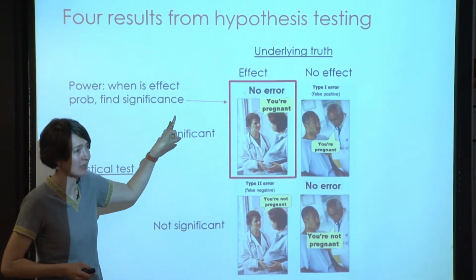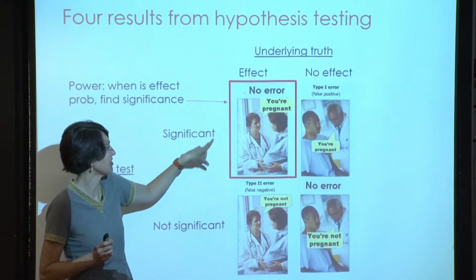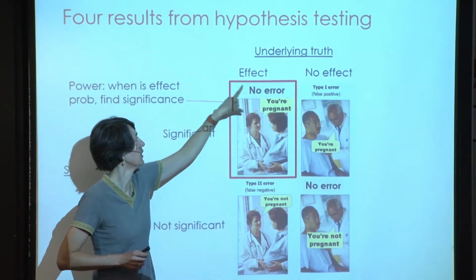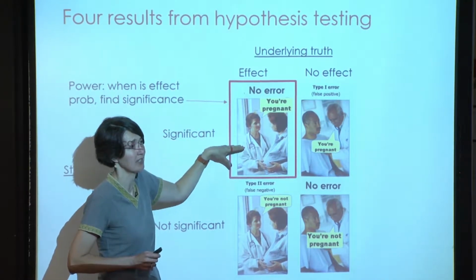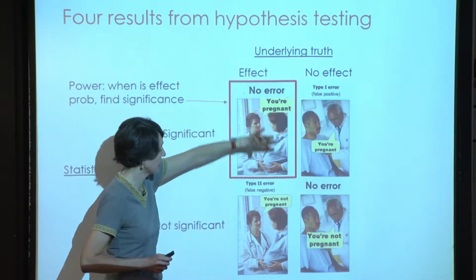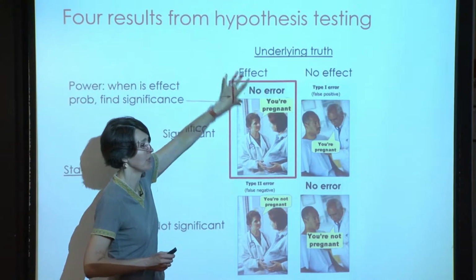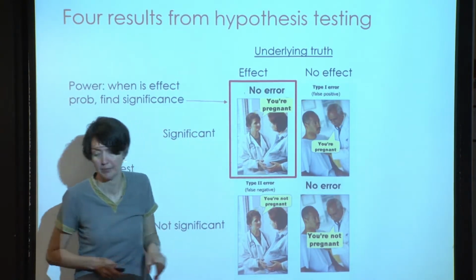And power, which this lecture is about, is the probability that if there is an effect, you find it significant. So the probability that if this column is true, you actually end up in this square.